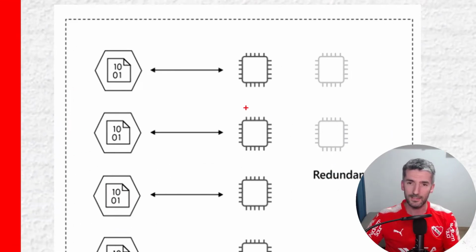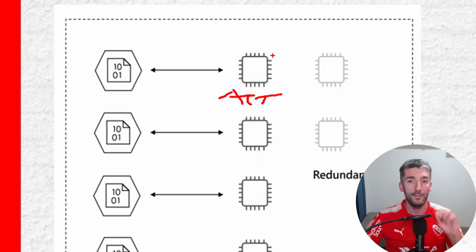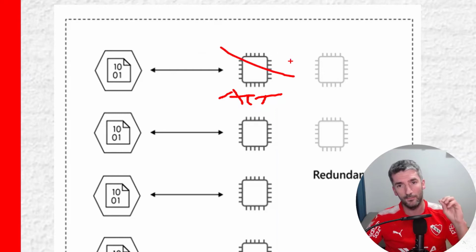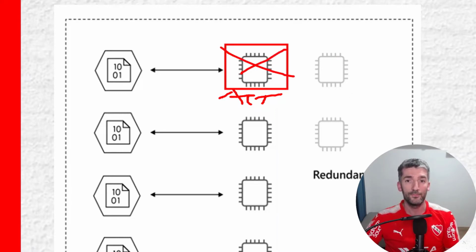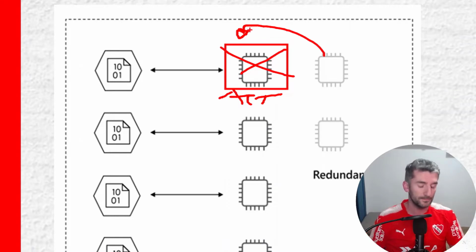So in case something happens to the active one, Service Fabric will detect this and boom, there will be a failover, and this node will be removed from your architecture and one node from the redundant pool will be moved automatically to the active pool.